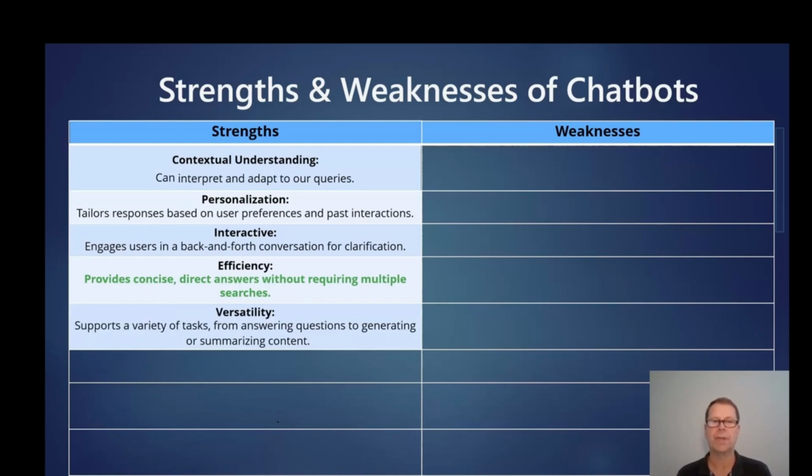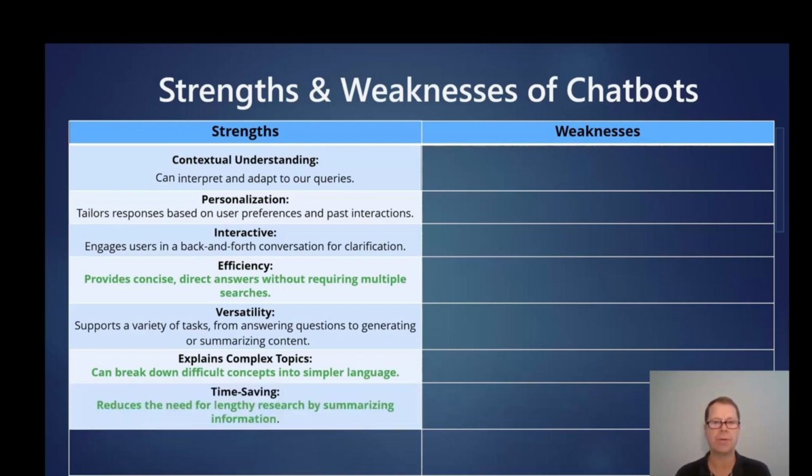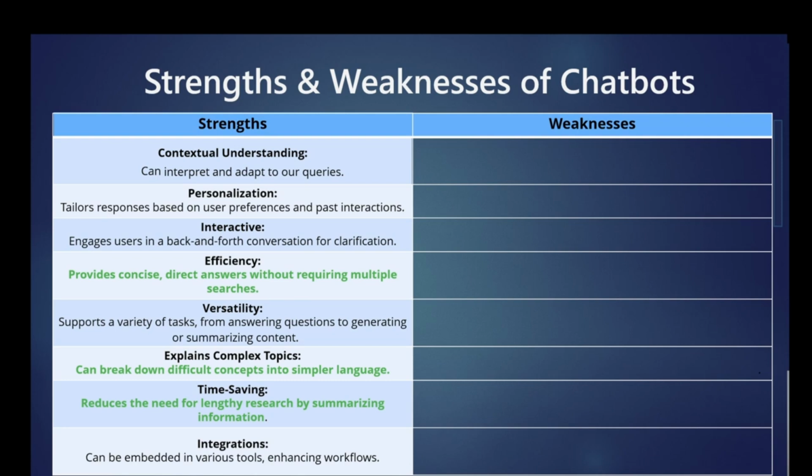They're versatile. They can perform many tasks, including answering our questions, generating new content, or summarizing existing content. They can explain complex topics by breaking difficult concepts down into simpler language. They can save us time by summarizing information, and they can be integrated into various tools, enhancing workflows.